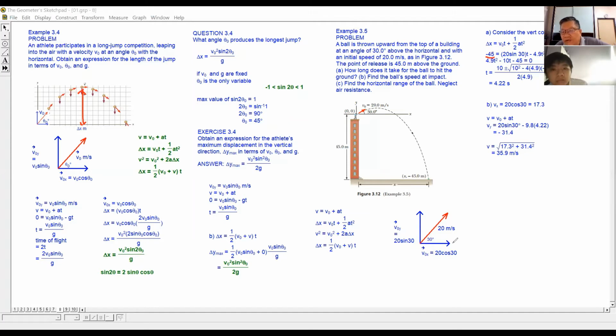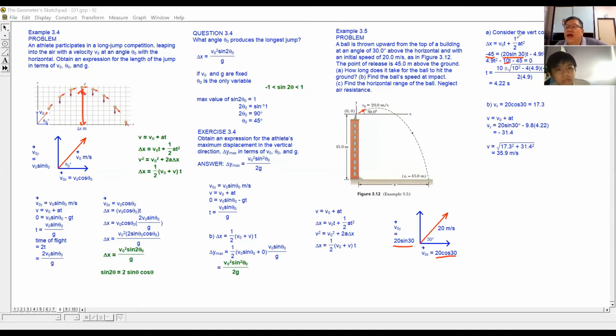You resolve it horizontally, it is 20 cos 30. Resolve it vertically, it is 20 sin 30. So the initial vertical velocity is 20 sin 30. Sin 30 is 0.5, and 0.5 multiplied by 20 is 10.